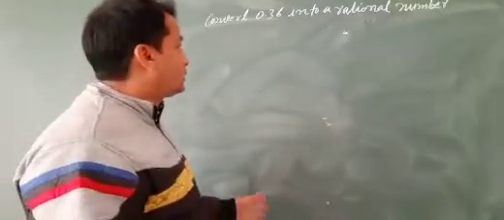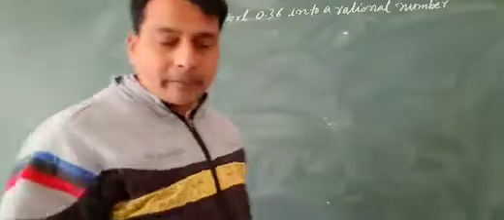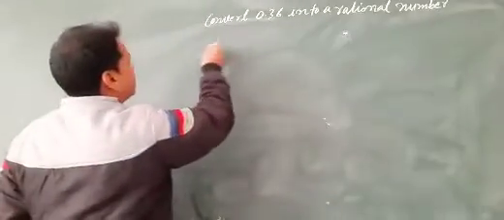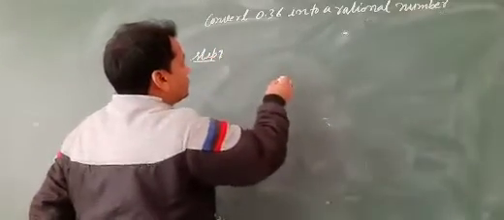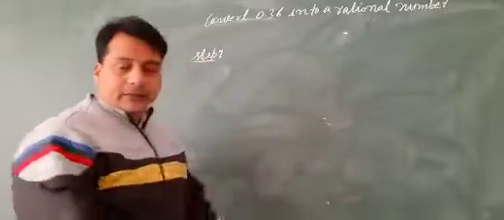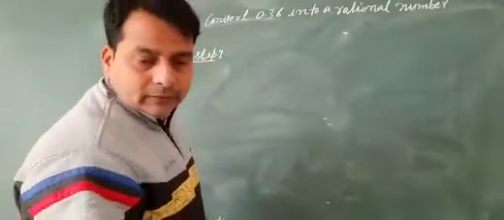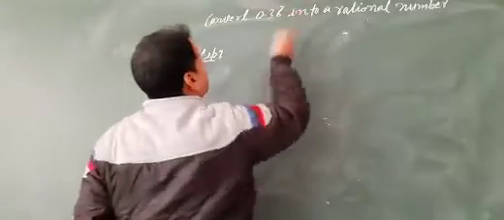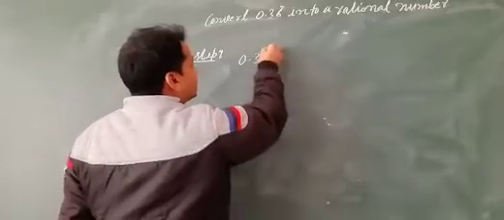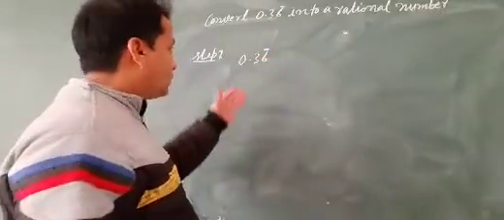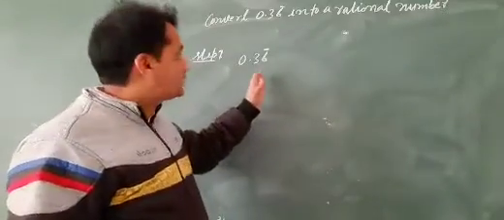Now the next question: convert 0.36 bar into a rational number. Here are the steps. Step 1: in 0.36 bar, 3 is the non-repeating decimal and 6 is the repeating decimal.